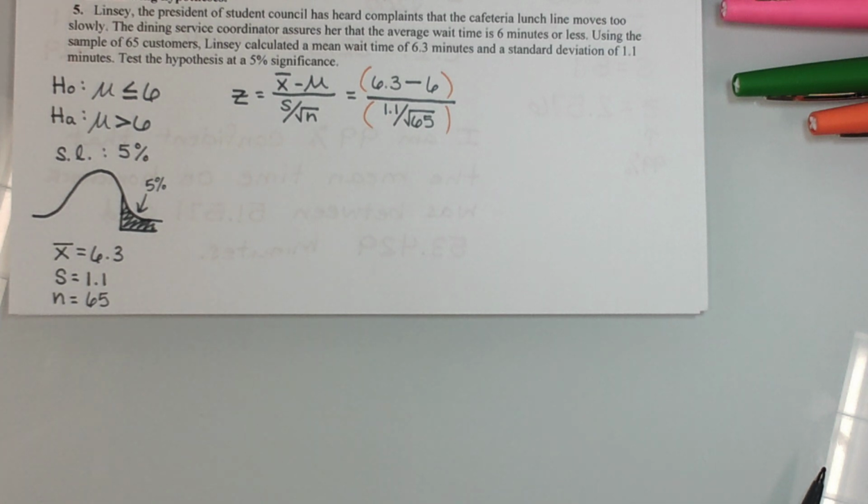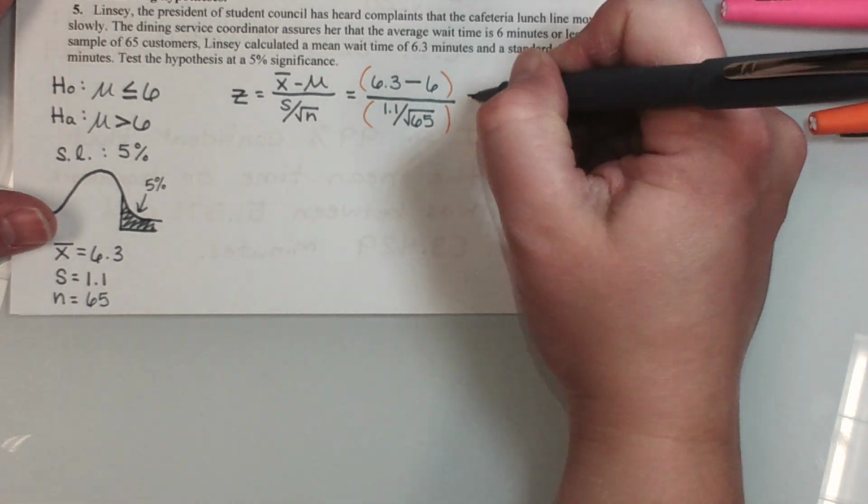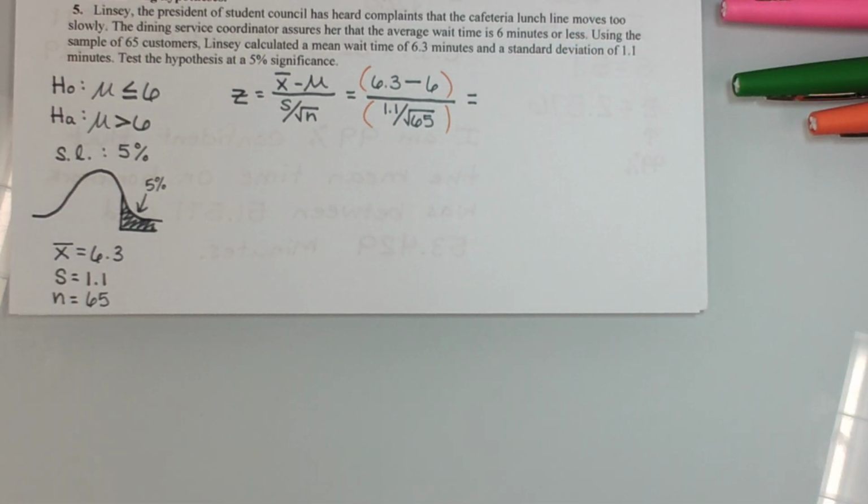Because z-values go into the pink chart, the only way it can go into the pink chart is if you have 2 decimal places. Make sure you are rounding appropriately when you calculate your z-value. And what do we get for a z-value? Hint, it starts with 2. 2.20.